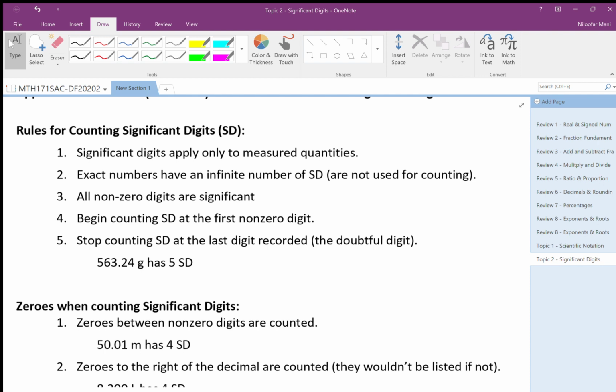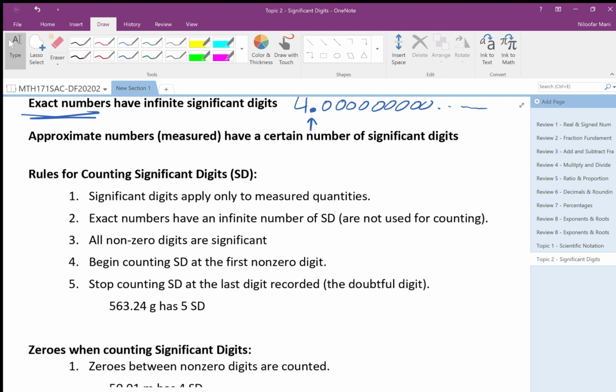So if it is not measured, if they are exact, they have an infinite number of significant digits, so I don't even consider them. See, here I said infinity, so I don't consider them because it's an infinite number. If I have an exact number, I don't consider it in rounding or in anything that is related to significant digits.